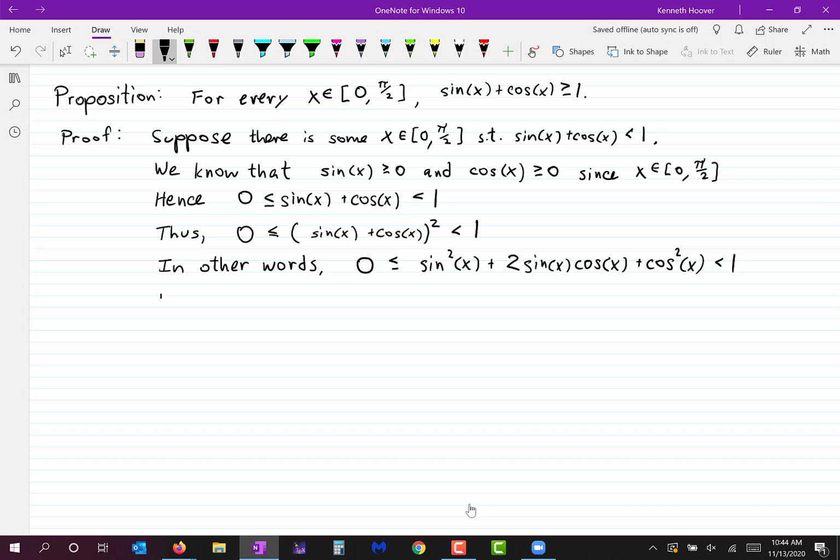Okay, so I'm going to write, but sine squared x plus 2 sine x cosine x plus cosine squared x equals 2 sine x cosine x plus 1.